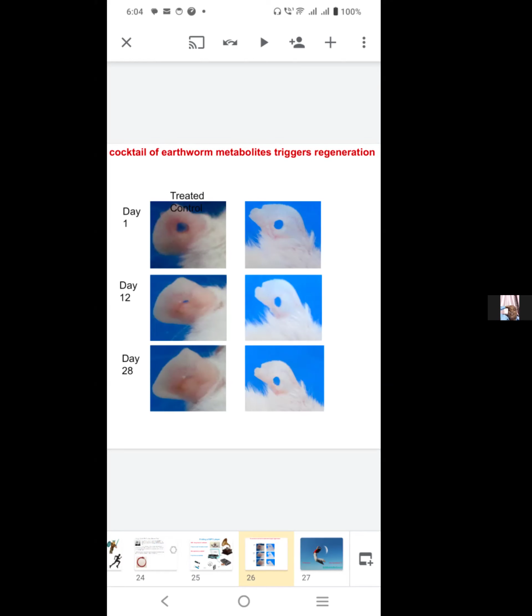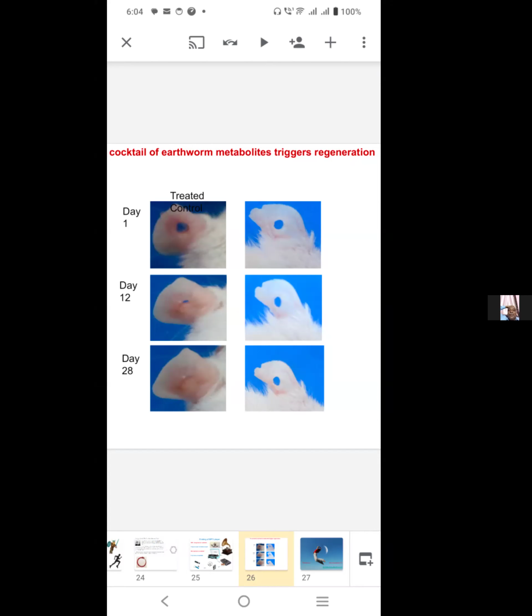So we think this is a nice reagent, and we can go for further studies and make a medicine that we can call a regenerative medicine, and that's our plan.